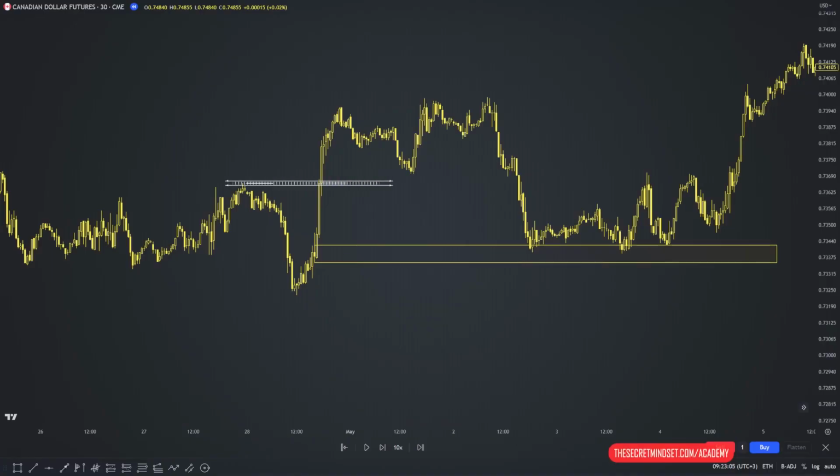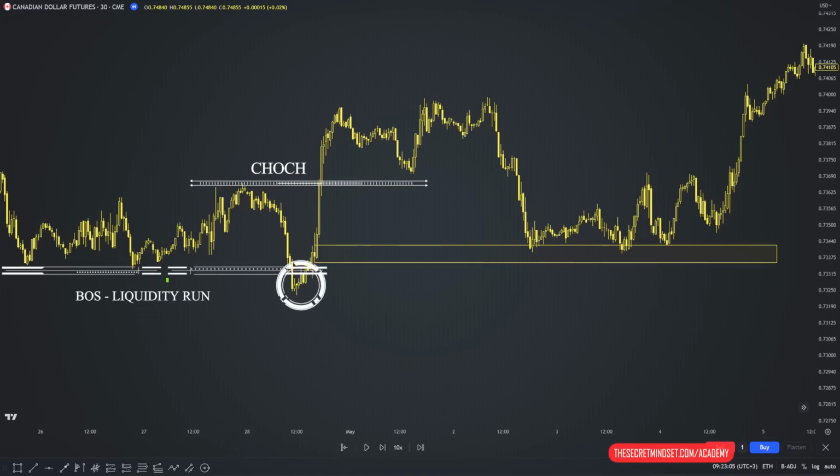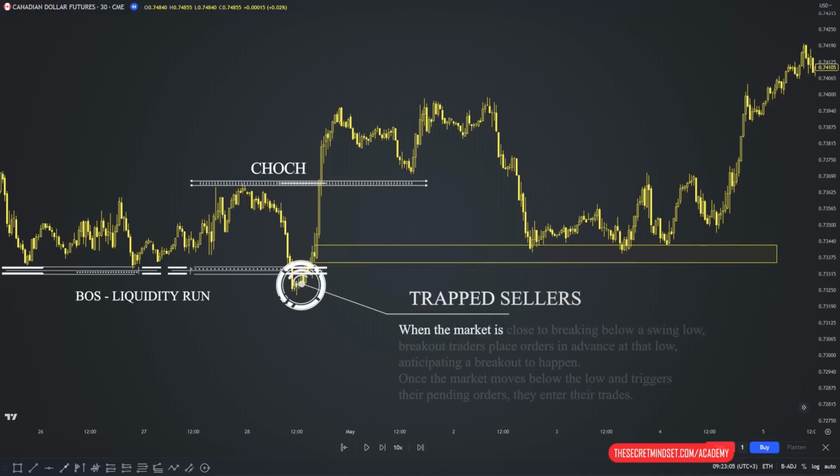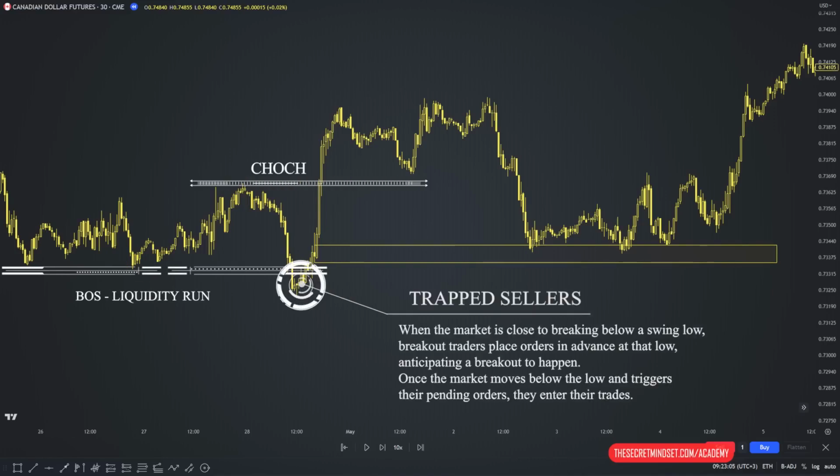Another factor to keep in mind is the impact of traders who find themselves stuck in losing trades when the market fails to make a new swing low. Let me explain. When the market is close to breaking below a swing low, breakout traders place orders in advance at that low, anticipating a breakout to happen.